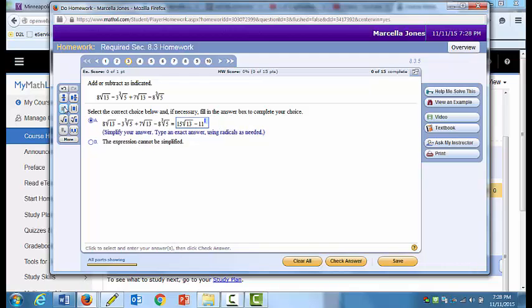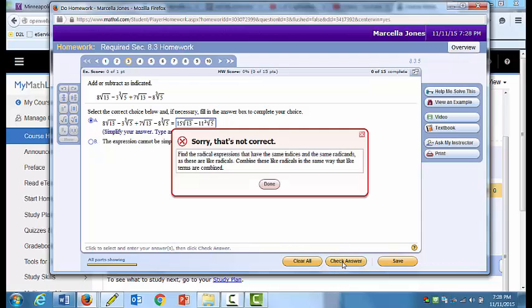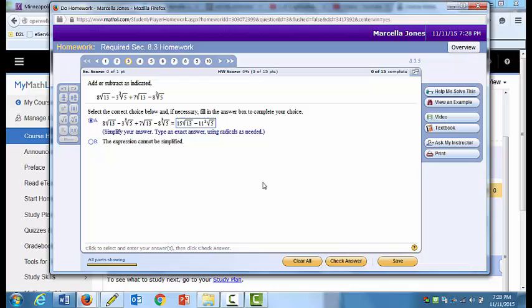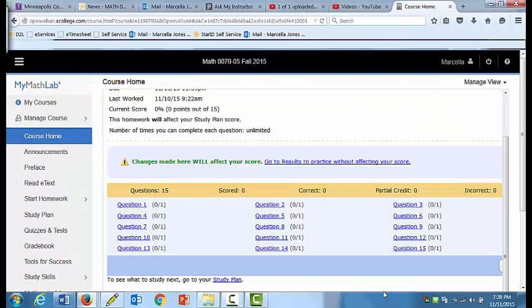If I enter it like this, it looks right to you visually, and this is going to be counted as wrong because the computer understands this, the way you formatted it, as 15 square root of 13 minus 11 cubed times square root of 5, even though that looks the same to us. Notice how this is going to be wrong. That's wrong because what I formatted in was wrong.